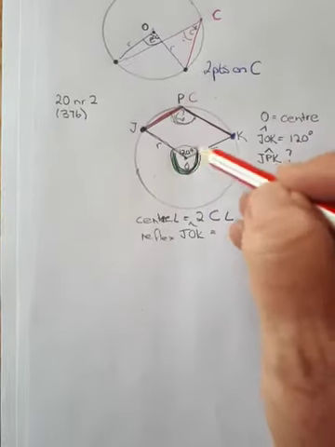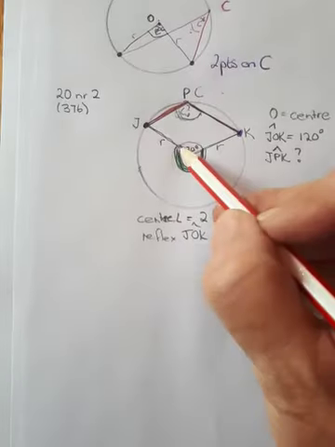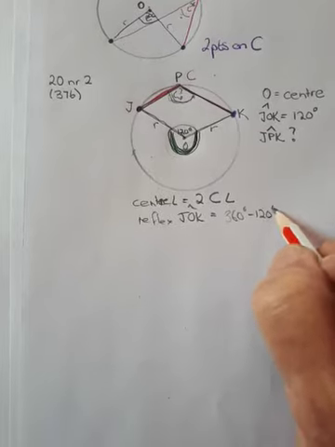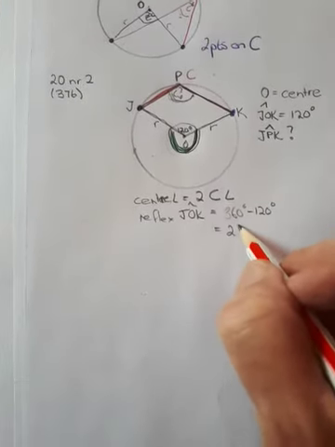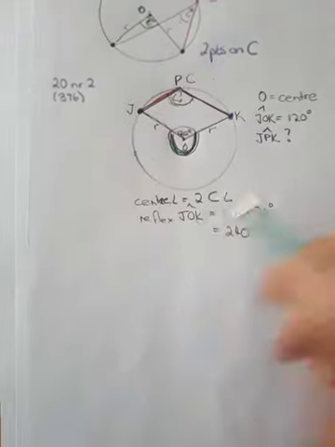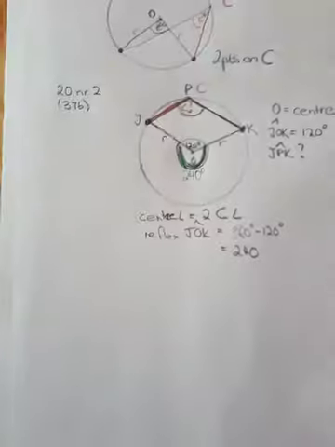This is a whole revolution, so that is 360 degrees. And I can subtract the 120, which then gives me 240. So this reflex JOK is 240 degrees.